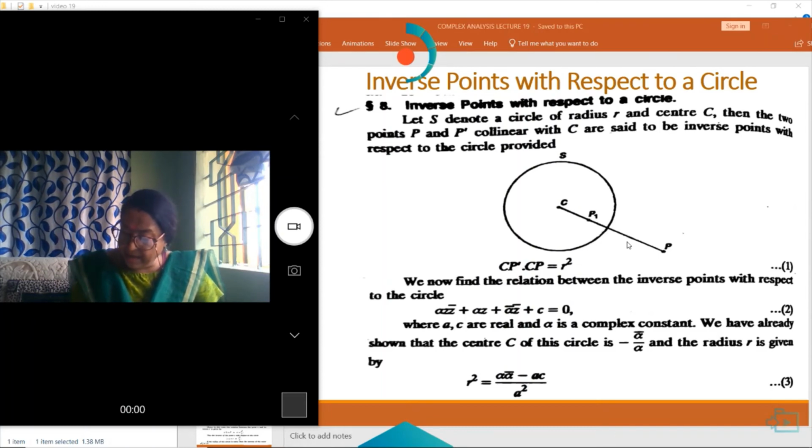Let P1 and P2 be the inverse points with respect to the circle, with affixes z dash and z respectively.